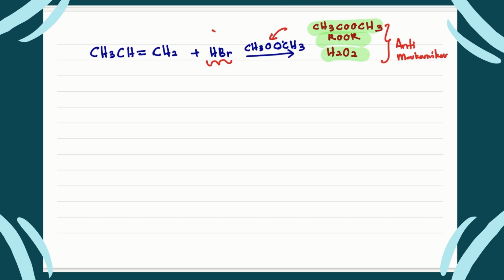Okay, what does it mean by anti-Markovnikov? If you follow the Markovnikov rule, the hydrogen will attach to the carbon with more hydrogen. But when it becomes anti-Markovnikov, the hydrogen will attach to the carbon with less hydrogen. So in this case, let me rewrite the equation.